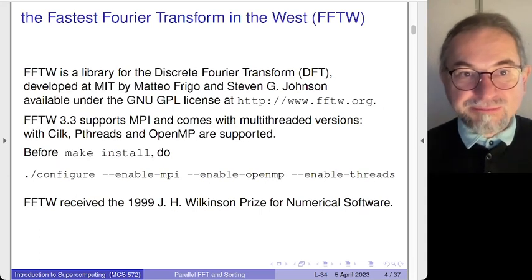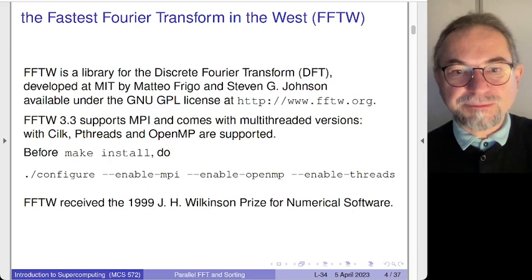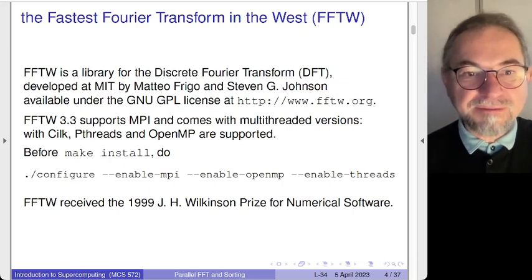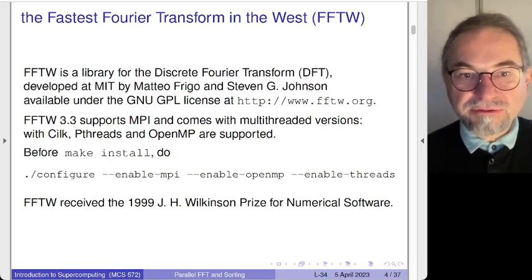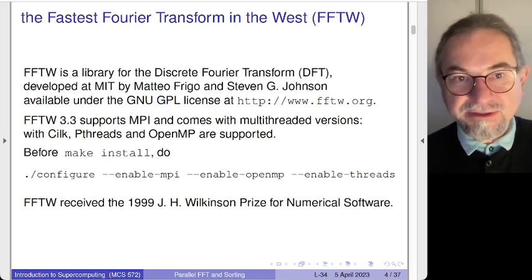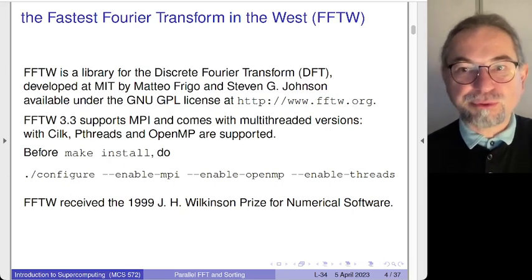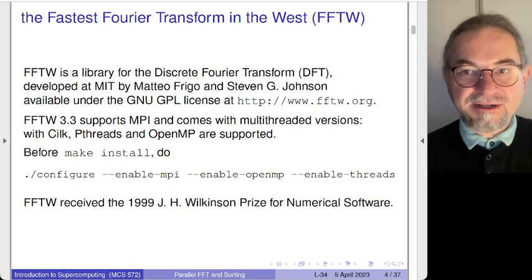I will not explain what is the fast Fourier transform, but immediately go to the software. So the FFTW received the Wilkinson Prize for numerical software. I checked, the version is still 3.3 point something. So the software is very stable.